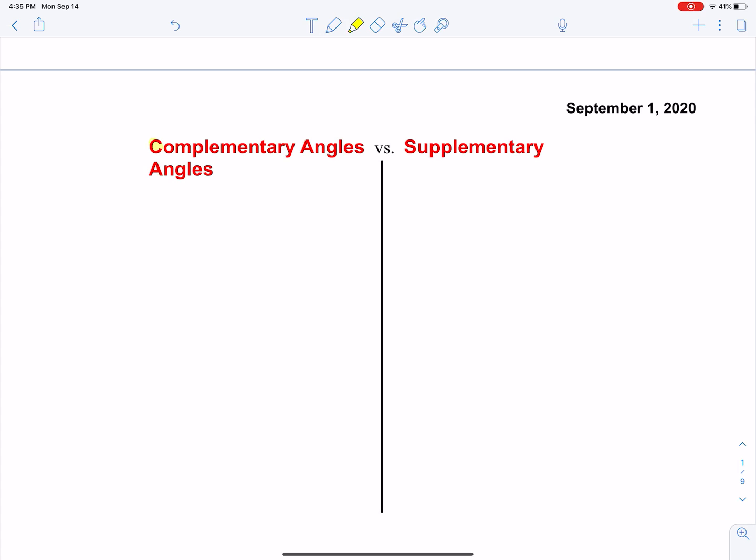Some more vocab should be somewhat of a review. Complementary versus supplementary angles.